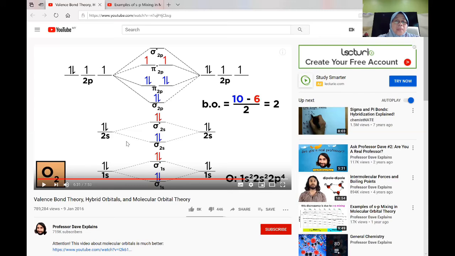Now, if you calculate the bond order, 10 electrons are in the bonding orbitals, minus 6 in the anti-bonding, 2, 4, 6. So now we have the bond order equal to 2.